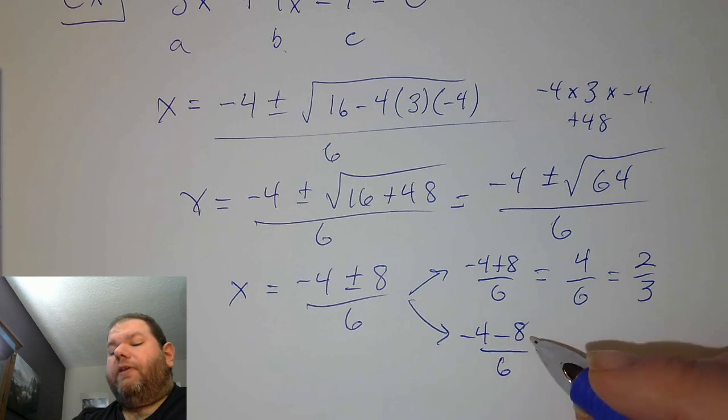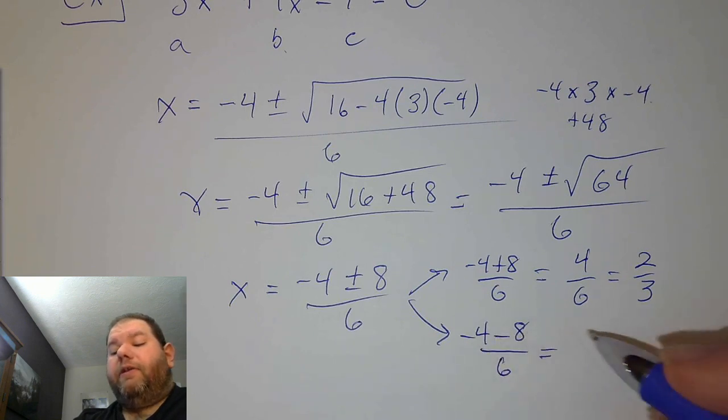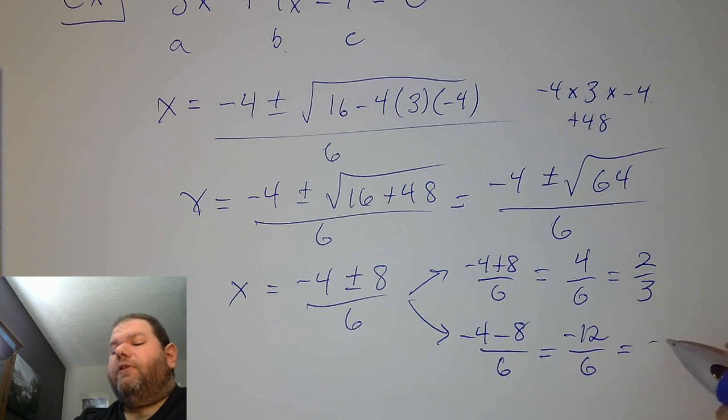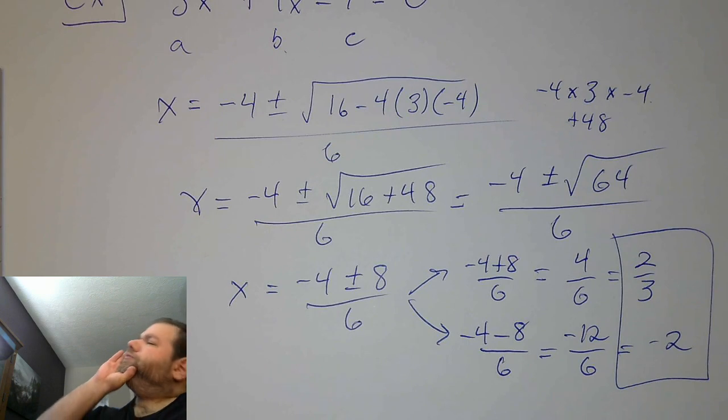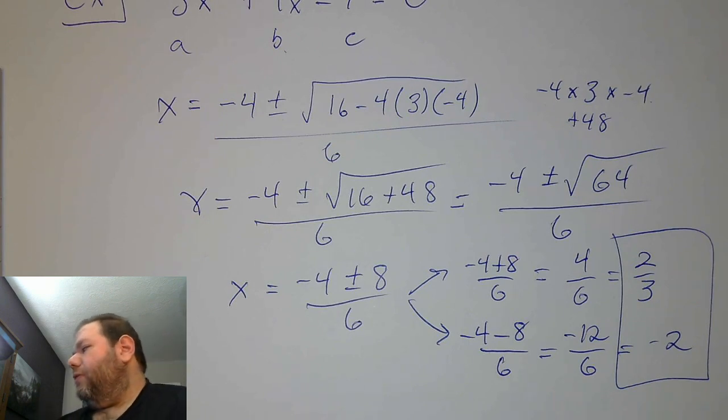And then negative 4 minus 8 is negative 12 over 6, which is negative 2. Okay. Yeah, so 2/3 and negative 2.